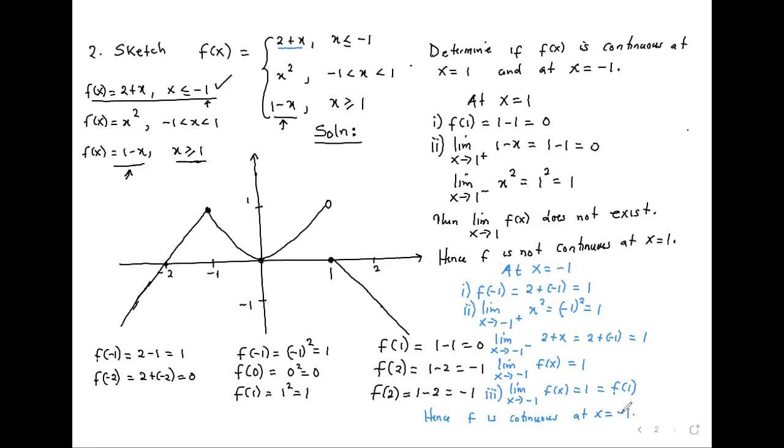Here it's open at 1 comma 1, and here it's closed at 0 comma 1. So we can't connect these two lines. It's very, very hard for us to do.